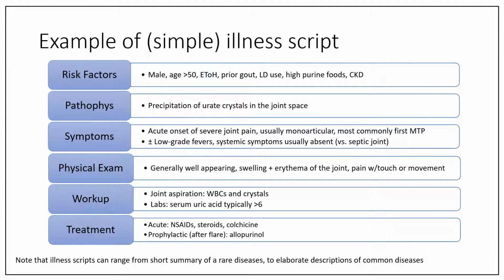Here is an example of a very simple and basic illness script that would be appropriate for a budding third-year medical student. The components should include risk factors, pathophysiology, symptoms, the physical exam, workup, and treatment. The purpose here is to emphasize the core features of the disease process.